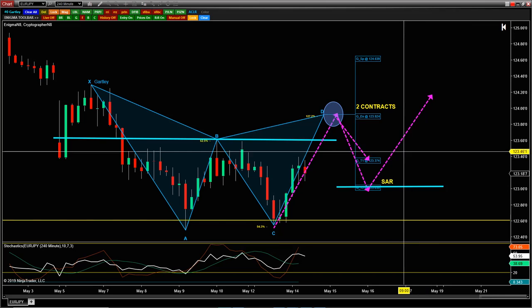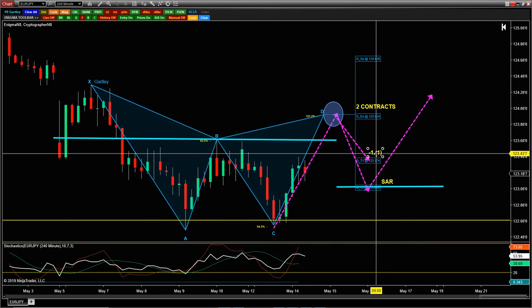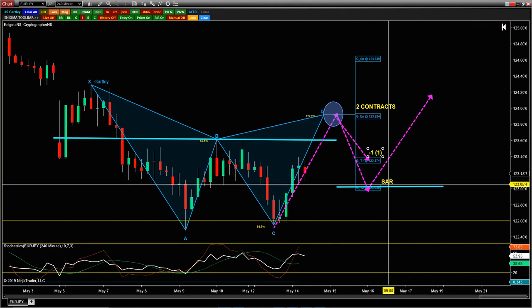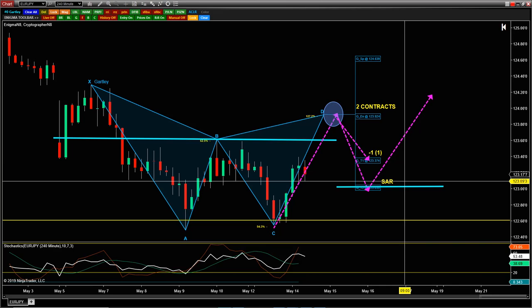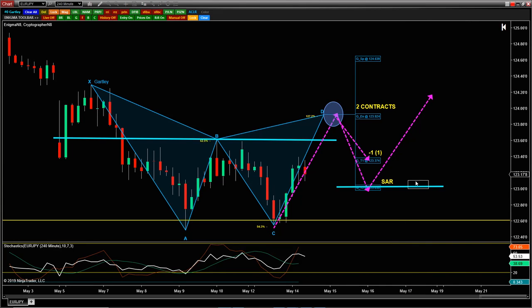So if you're a very aggressive trader, what you want to do here at the secondary target is 2 things. 1, you want to exit the remaining position that you had on for the Gartley, right? In order to exit that remaining position, you're selling, you have to buy 1, correct? To completely be out of the short trade, your Gartley, you would have to buy 1, right?